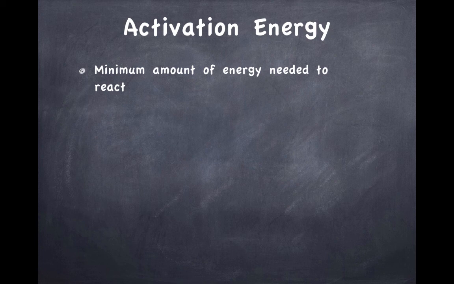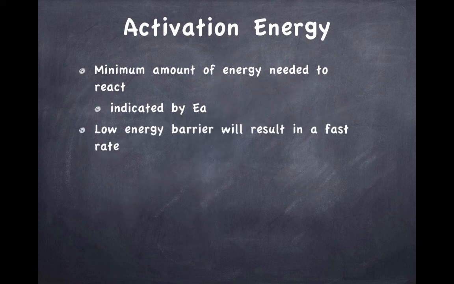So let's talk about activation energy in a little bit more detail. As I mentioned, activation energy is the minimum amount of energy needed in a collision in order for molecules to react, and we indicate that by an E for energy and a little A for activation. Different types of reactions have different energy barriers, different activation energies. If there's a low energy barrier, a lot of molecules are going to have enough energy to get up and over that barrier, so you're going to have a fairly fast rate.